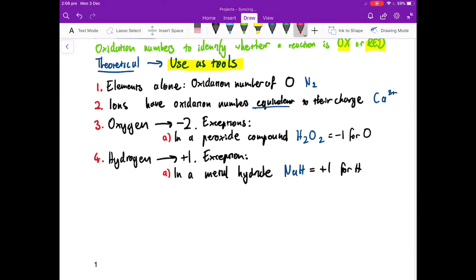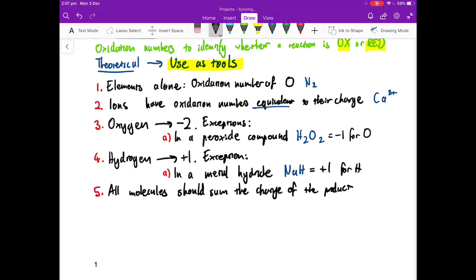And then finally, number 5: all molecules should sum to the charge of the product.